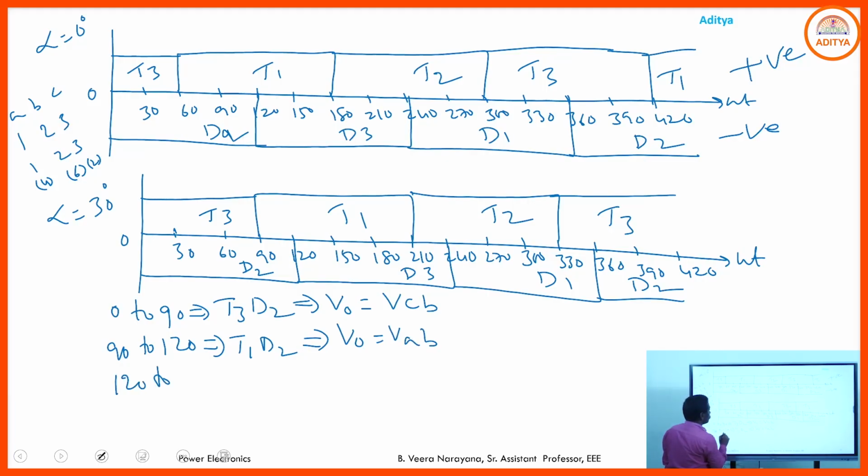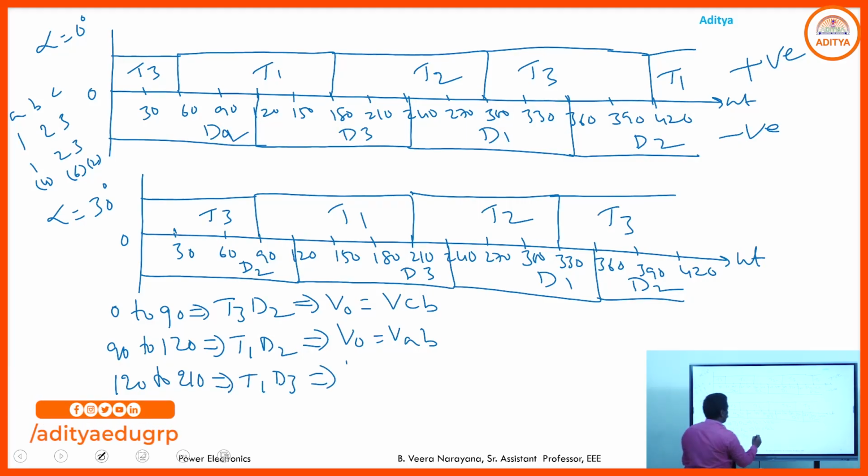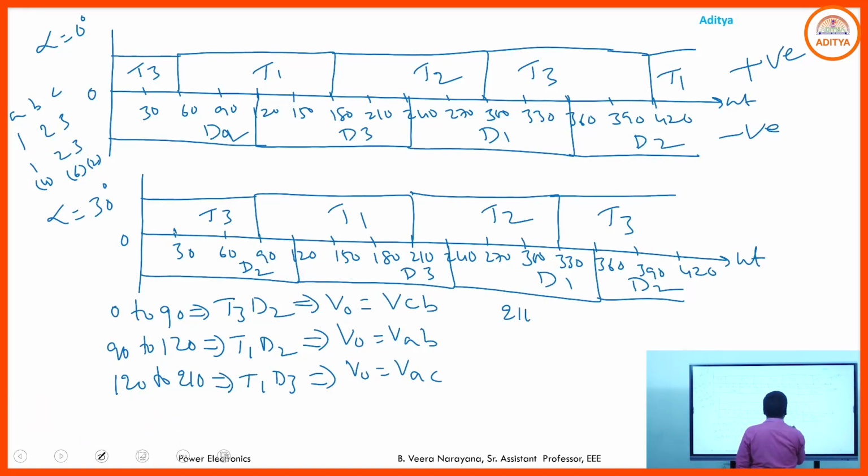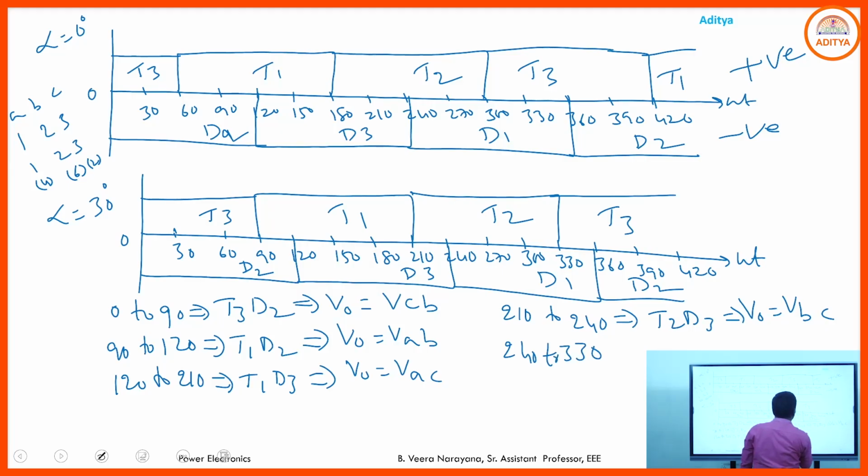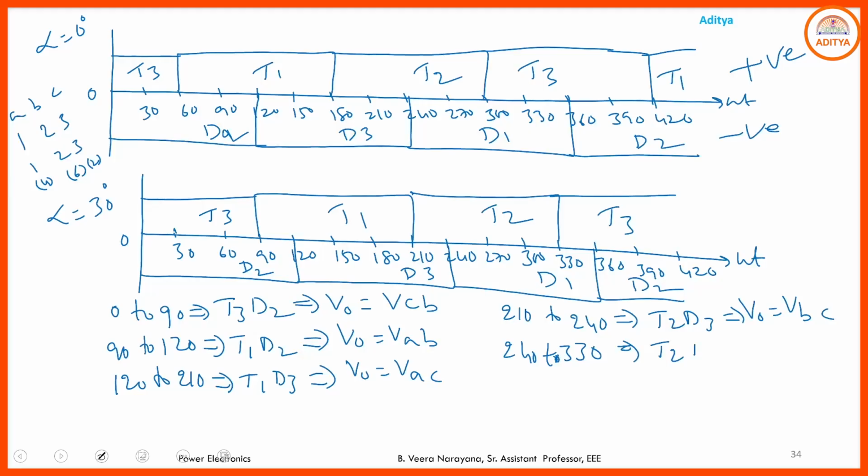120 to 210, T1, D3. 1, 3, V0 is equal to VAC. 210 to 240, T2, D3. 2, 3, V0 is equal to VBC. 240 to 330, T2, D1.